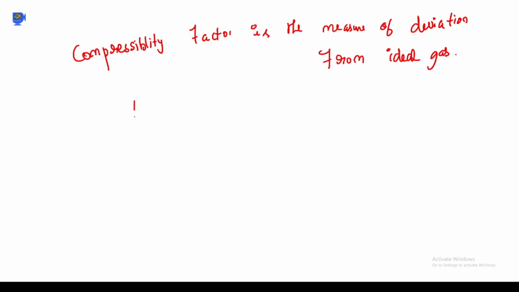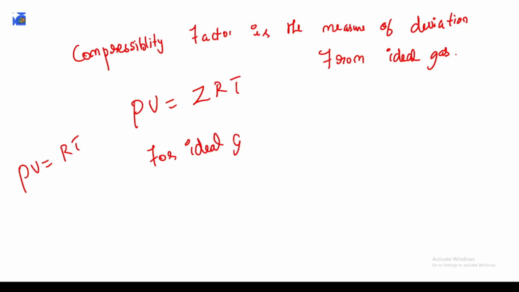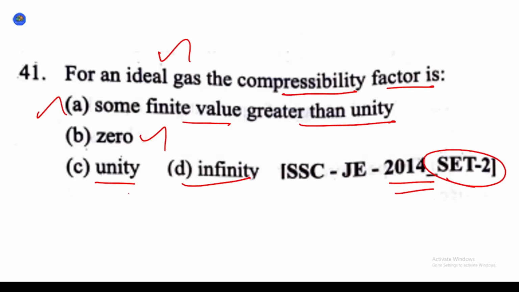So that is actually PV equal to ZRT. But for ideal gas, we know that the equation is PV equal to RT. So for ideal gas, this compressibility factor Z should be equal to 1. So which means option C is the correct answer. So we'll move on to the next question.